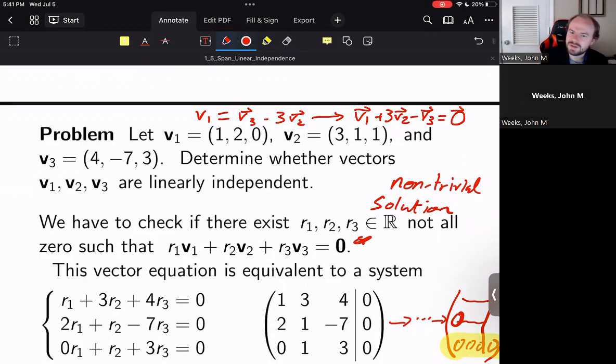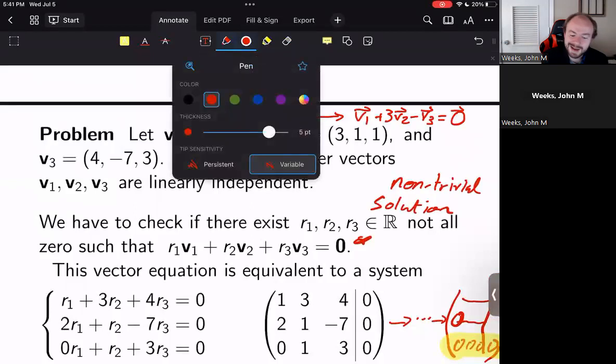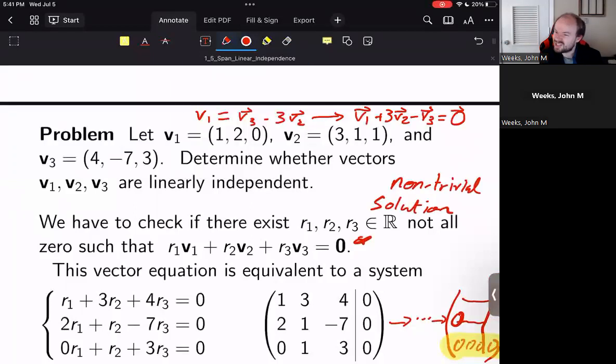I think my 3 went in the wrong direction, perhaps. Either way, there is a way for us to go through and do this. I think I needed to put a coefficient in front of the V1, actually. That's my bad. So this is the general idea of what this sort of solution might look like. This one isn't quite a solution here, but this is an idea of what that sort of thing might be looking like. All right.